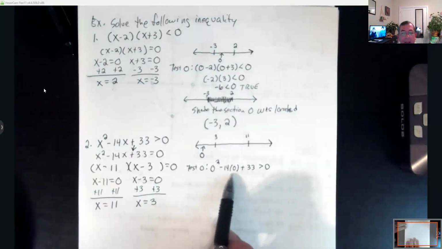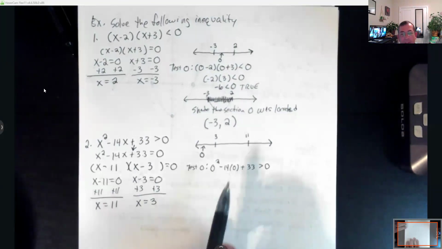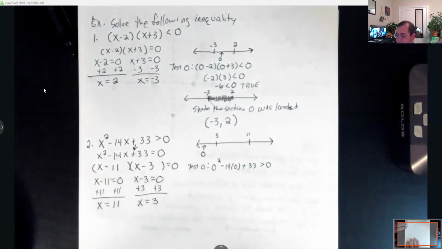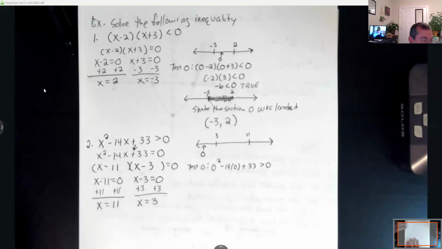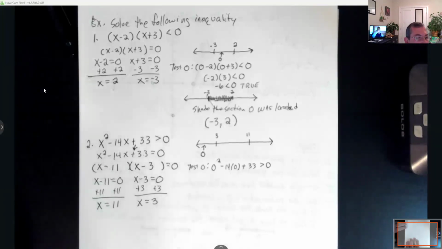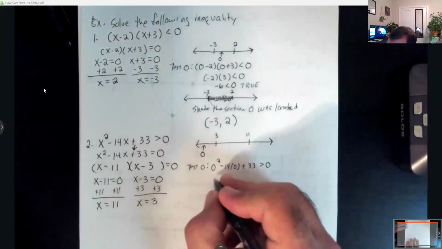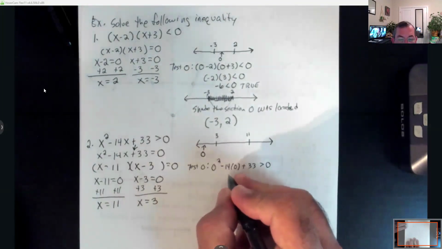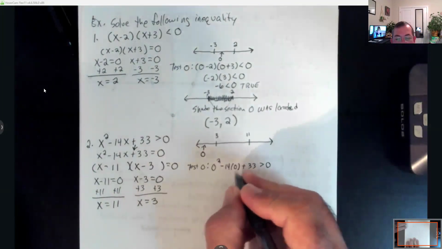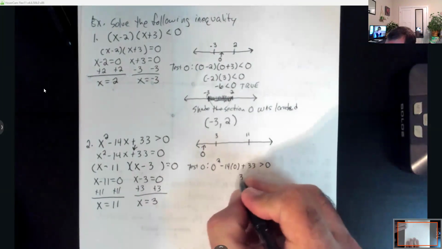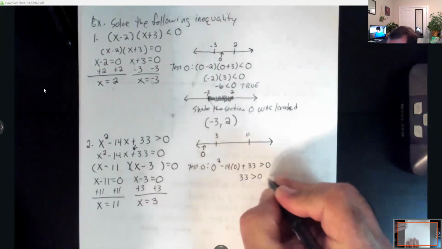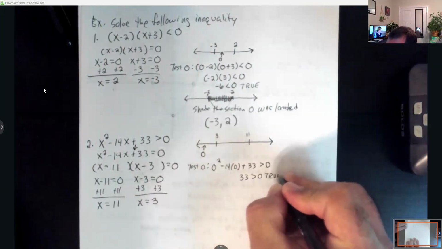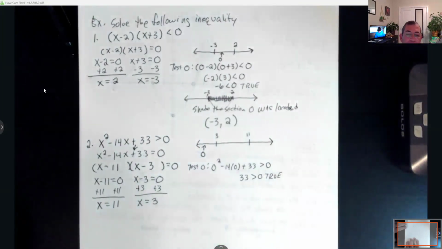Is this a true or false statement? When y'all evaluate that thing, would it be true or would it be false? So what are we saying? We're saying true, good job. Y'all, because 0 minus 0 is 0 plus 33, you're going to get 33 greater than 0, which is definitely true.